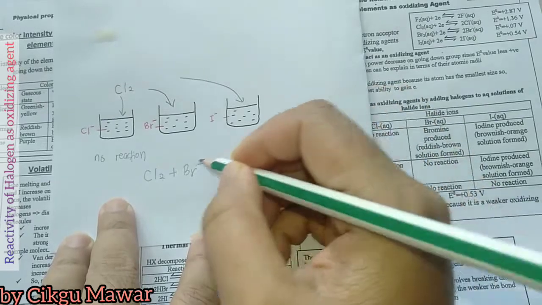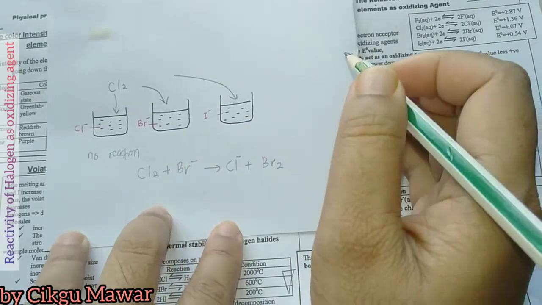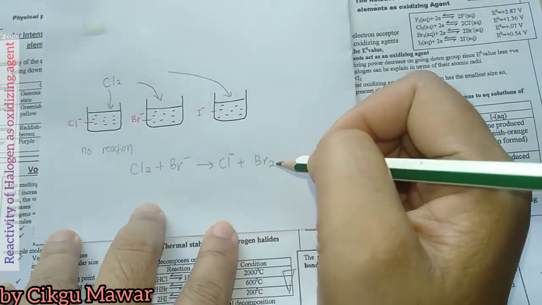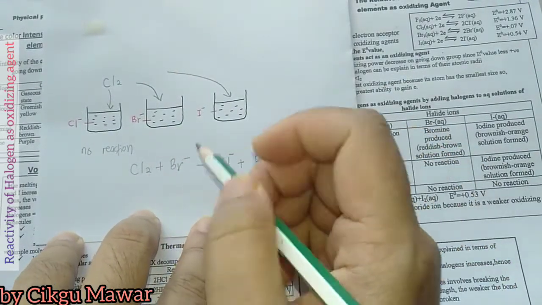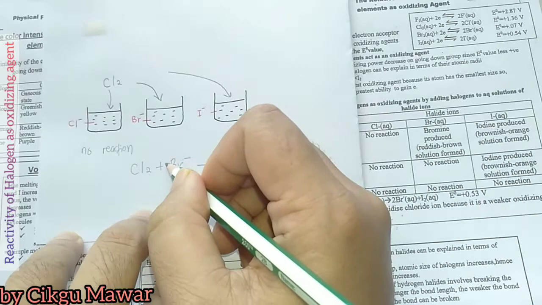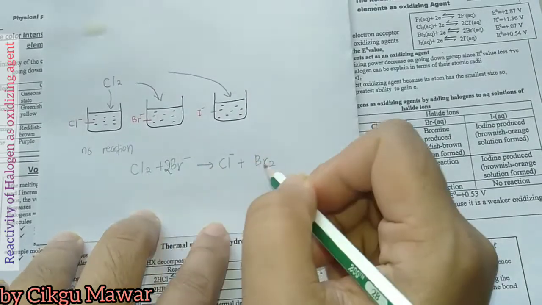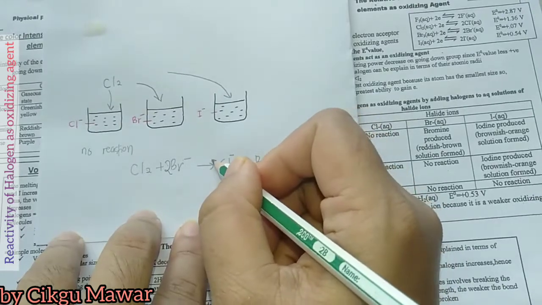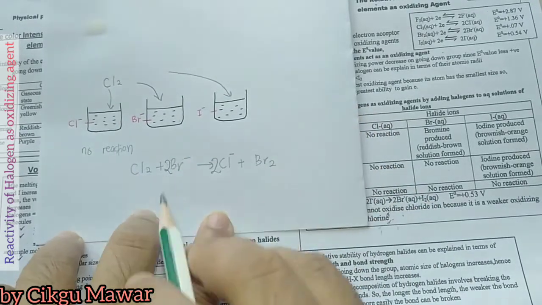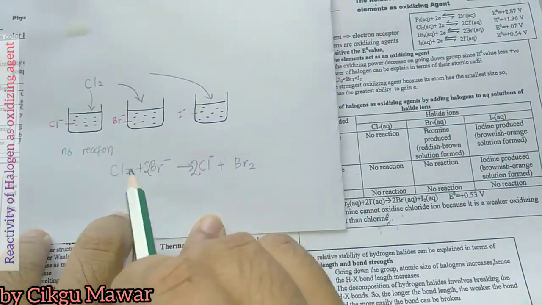So this equation is able to occur. Then we just balance the equation: 2Br, Br2, and then 2Cl and 2 chloride ion. So we are done with the reaction.